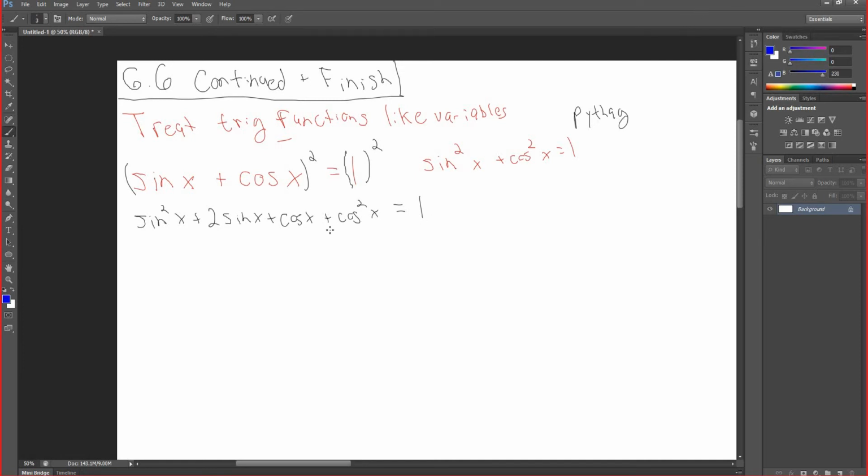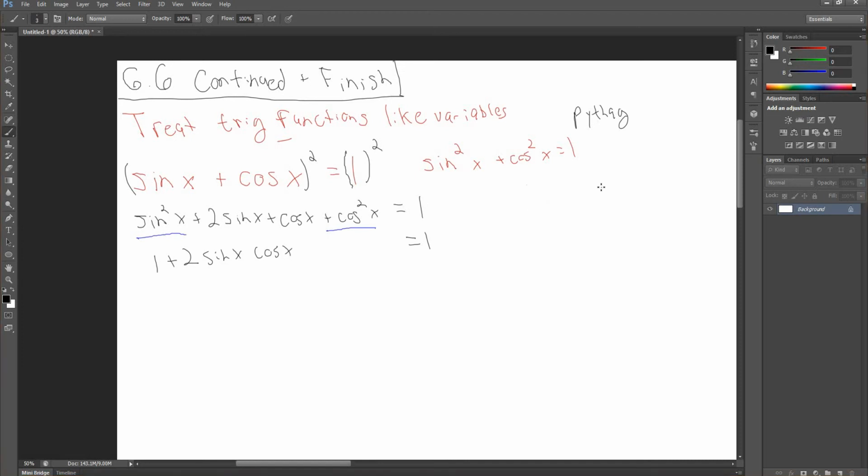So I now have 2 pieces of information. On the left-hand side, I have sine squared x plus cosine squared x, which is just equal to 1 by the Pythagorean identity. I then also have plus 2 sine x cosine x. So I have 1 plus 2 sine x cosine of x, all equal to 1. I almost have factors.